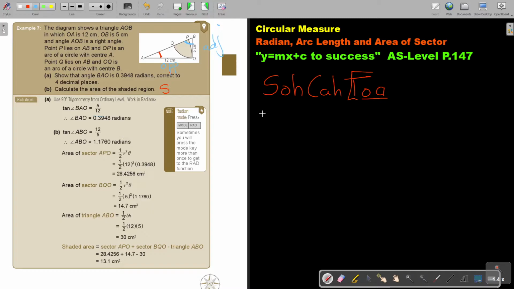I just want to test quickly, because all the angles of a triangle add up to 180. So if you use pi and subtract that 0.3948: shift pi minus 0.3948. And then don't forget to subtract that one, the 90 degrees.